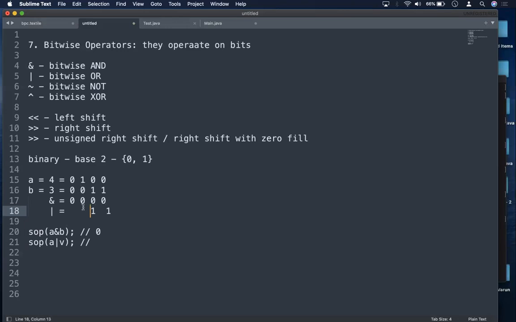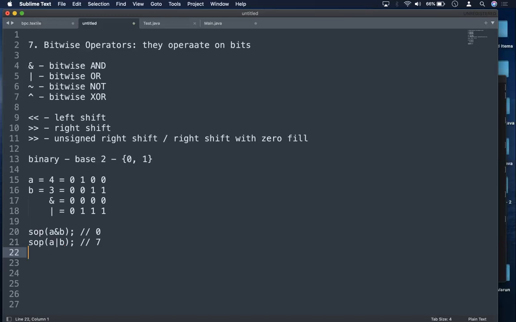And 1 and 0, so we have 1, right? And finally 0 and 0, so that's going to be a 0. So what is the value you are getting? 0 1 1 1. So 2 power 2, 2 power 1 and 2 power 0 all set. So this is going to be 7 actually. It's going to be 7, right?